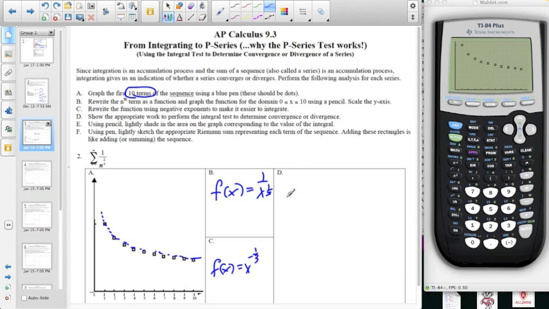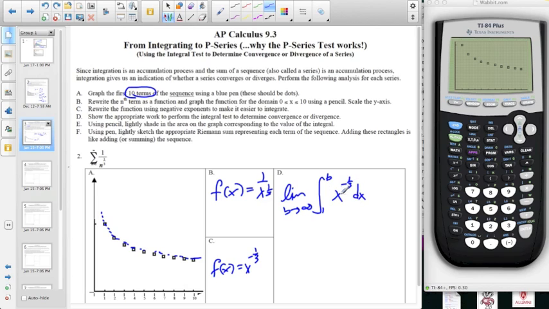And so we can do that and take a limit as b approaches infinity of the integral from 1 to b of x to the minus 1/3 power dx.